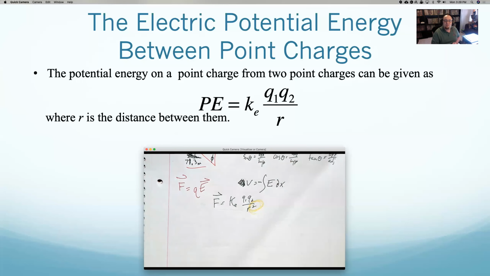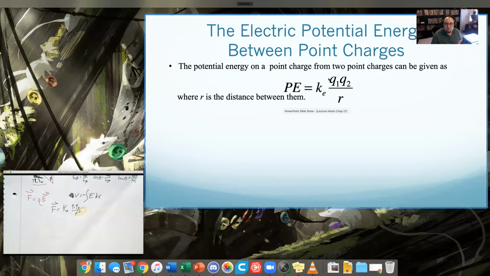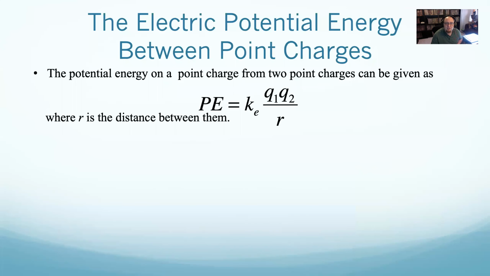The potential energy is not. And so anytime you have 2 point charges, you can say that there is a potential energy. They each feel a potential energy. If you have 2 point charges, 1 and 2, number 1 will feel a potential energy equal to this equation, and number 2 will also feel a potential energy equal to the same equation.